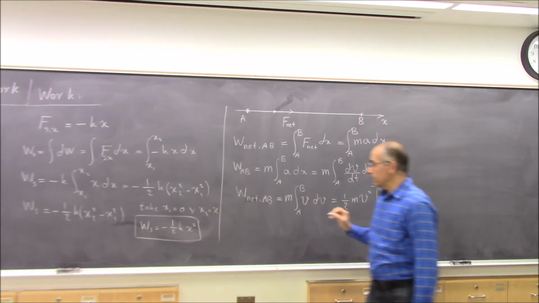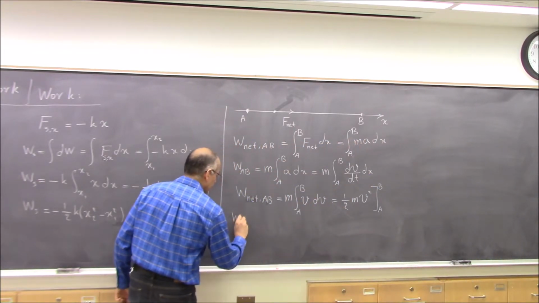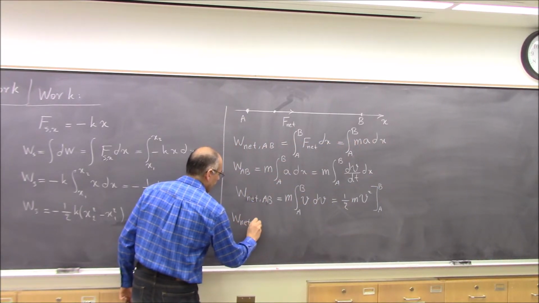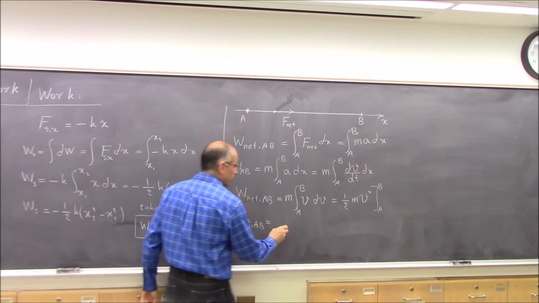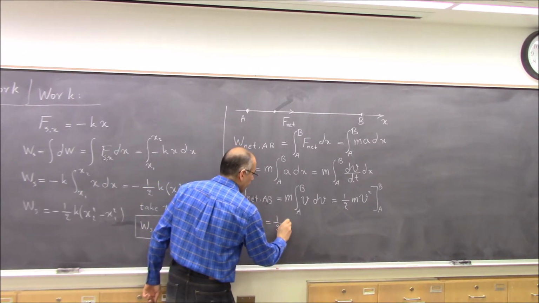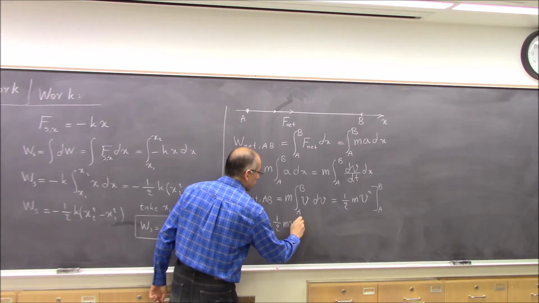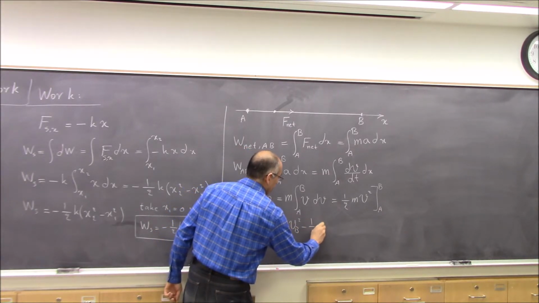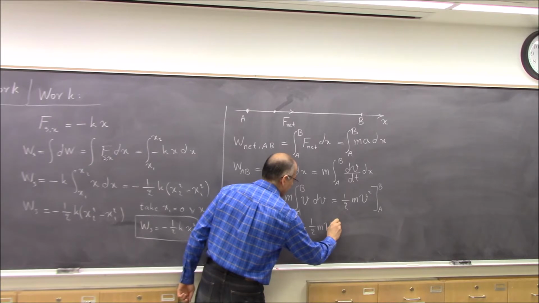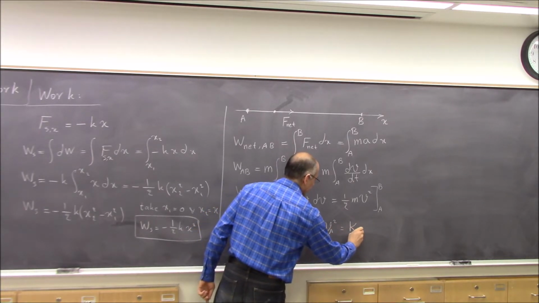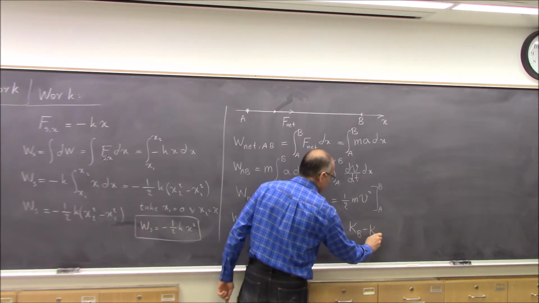Right? So W net AB is equal to 1/2 m Vb squared minus 1/2 m Va squared, which is kinetic energy at B minus kinetic energy at A.